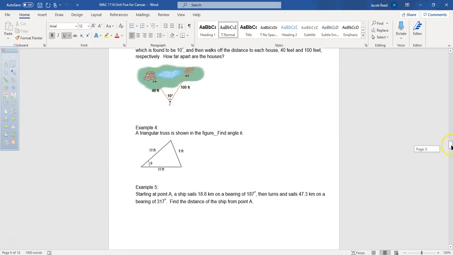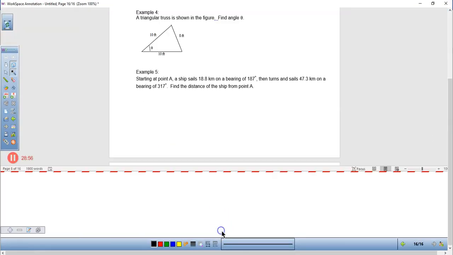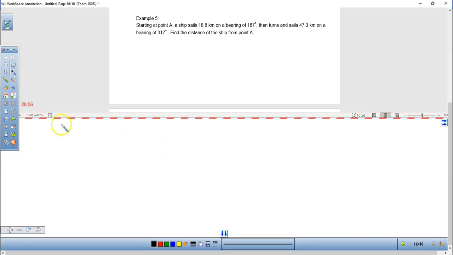Let me scroll up here about like this, and then open that, so now we've got plenty of workspace. Starting at point A, a ship sails 18.8 kilometers on a bearing of 187 degrees, then turns and sails 47.3 kilometers on a bearing of 317 degrees. Find the distance of the ship from point A.